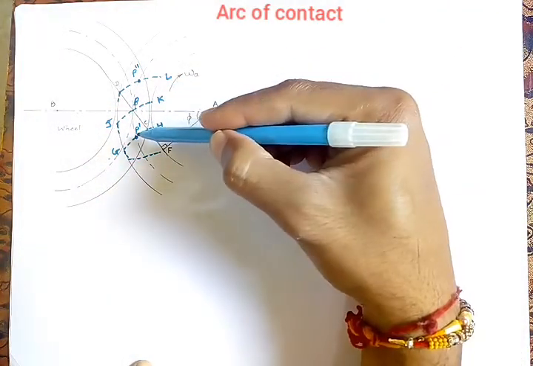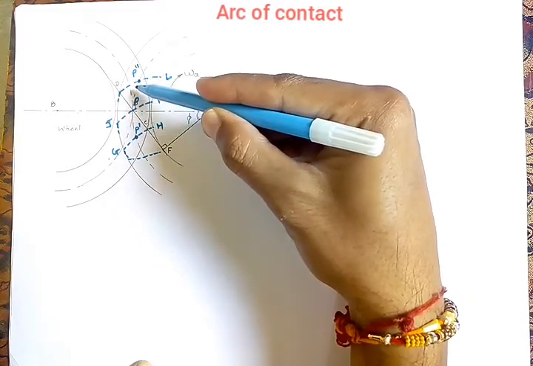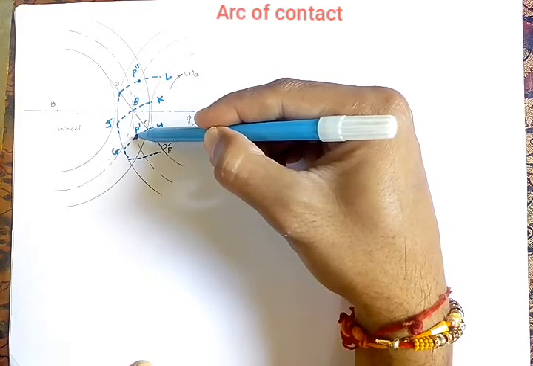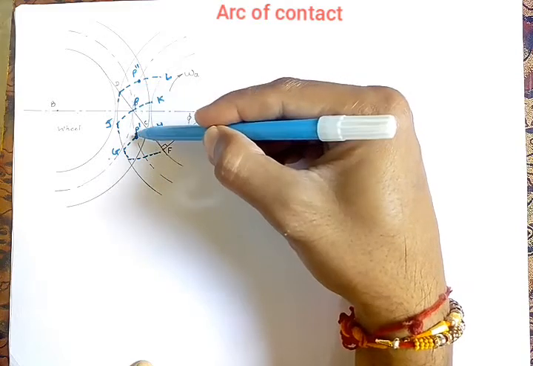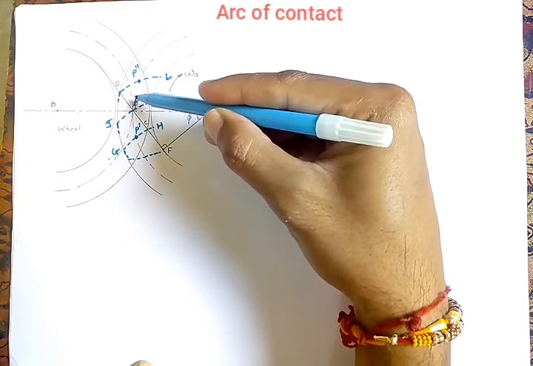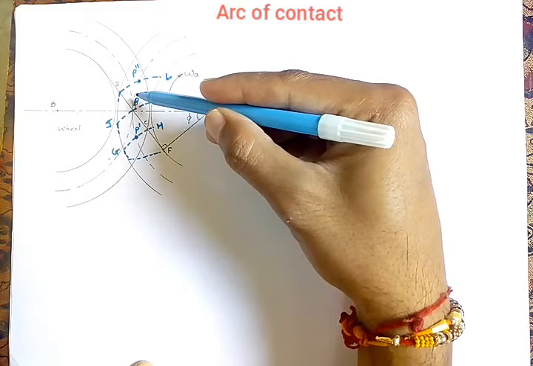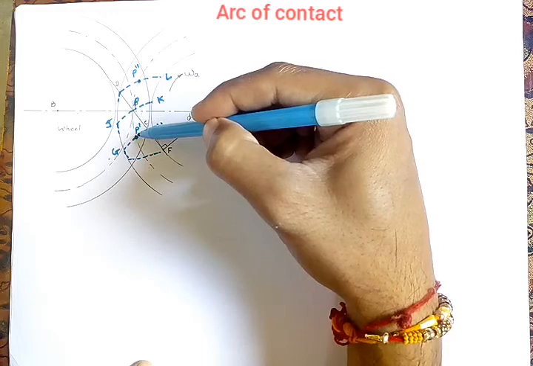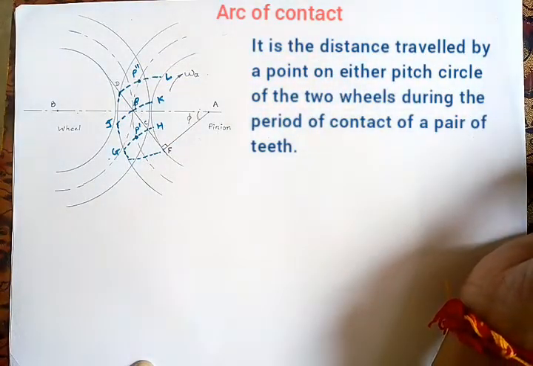So this P dash, P double dash, this total arc traced by this point P on the pitch circle of the pinion, or you can consider the same concept on the wheel also. This distance P dash, P double dash is called the arc of contact.